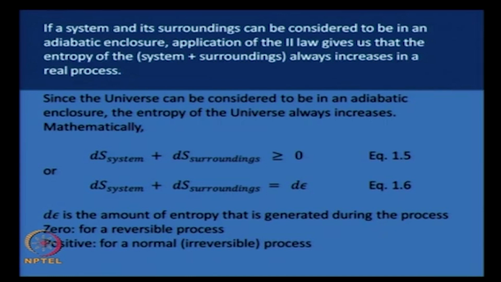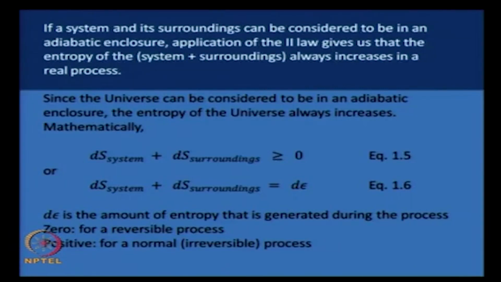Now, the universe itself can be taken to be in an adiabatic enclosure because the universe contains everything; there is nothing beyond the universe. So the whole thing can be considered to be in an adiabatic enclosure, which means there is no heat interaction. For the universe as a whole, the entropy of the universe always increases.